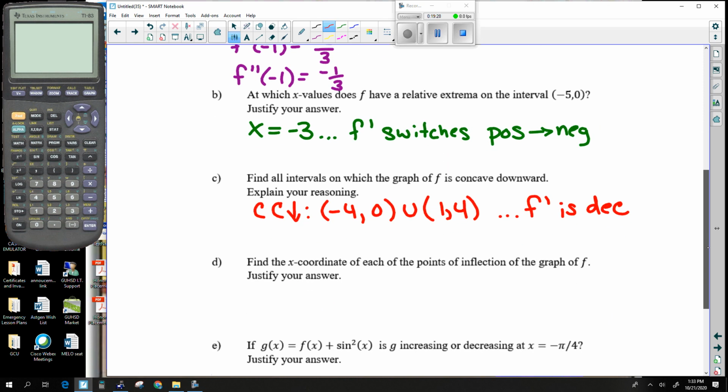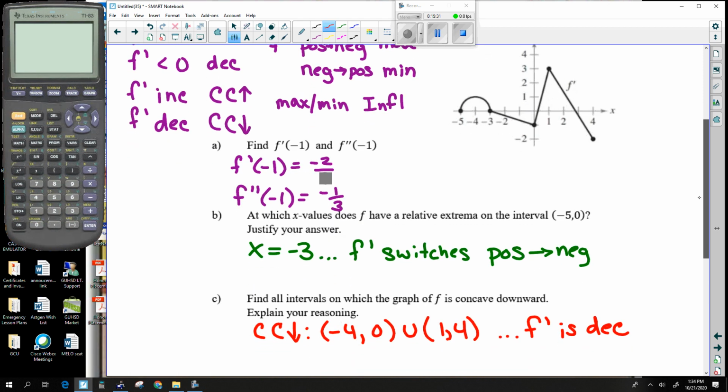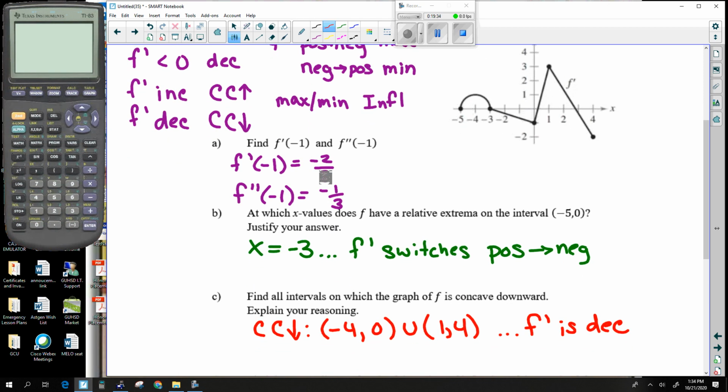Find the x-coordinates of the points of inflection. So again, inflection is where there are any maximums or minimums on here. So points of inflection will occur right there, and right there. Any maximums or minimums is where increasings turn into decreasings or decreasings turn into increasings.